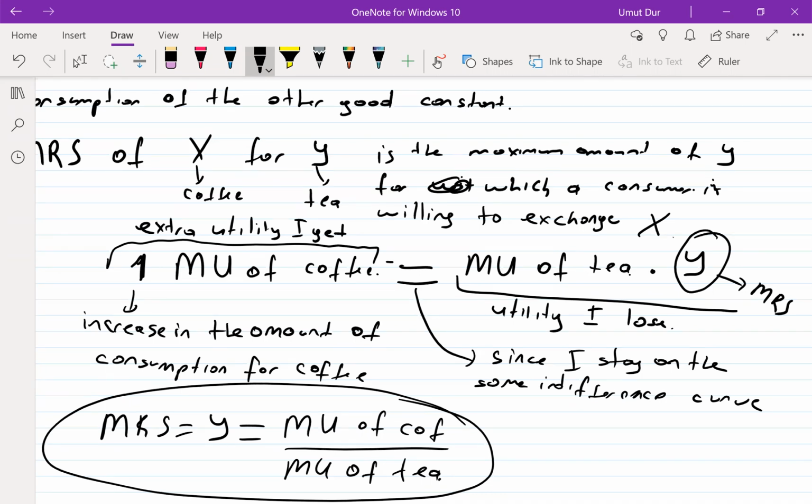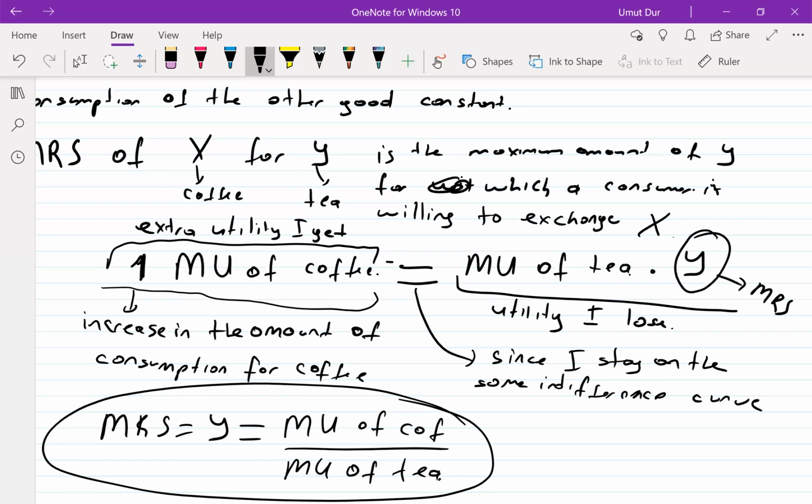Then if you would like to achieve the same utility level, the utility that you are getting from consuming the extra cup of coffee, which is 1 times the marginal utility of coffee, should be equal to the amount of tea that you would like to give up, times the marginal utility of tea that you are losing from each unit that you are giving up.